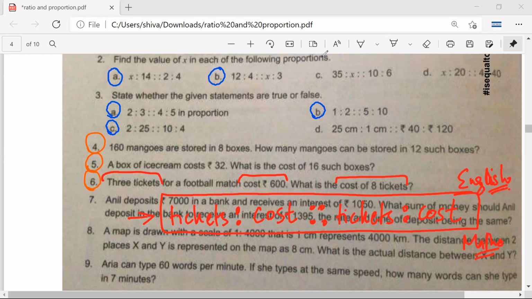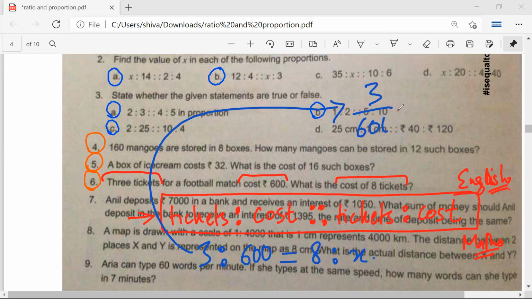So, what should I write now, Mr. Satya? 3 is to 600. Shabash. Then 8 is to x. Shabash. And what should I write next? Then 3 upon 600 is equal to 8 upon x. Shabash. What should I do next?